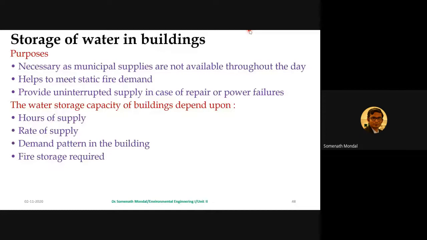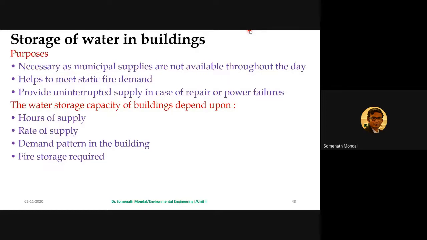If there is a storage tank in our locality, society, building or house, most of the time we don't realize when the water supply system is being maintained by the municipality or authorities, because we store the water, and once the storage is over, we get the water again.